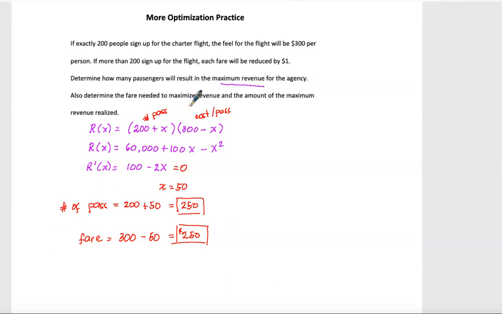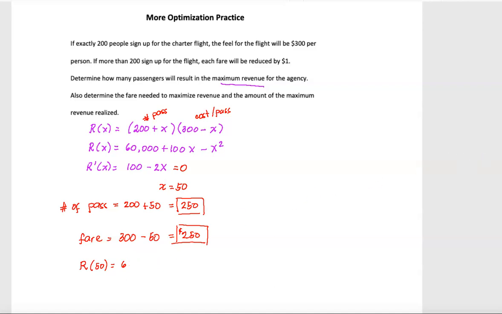And then the maximum revenue. So we have to find R of 250. No, R of 50. X is 50. So R of 50 is equal to 60,000. Oh, you know what?